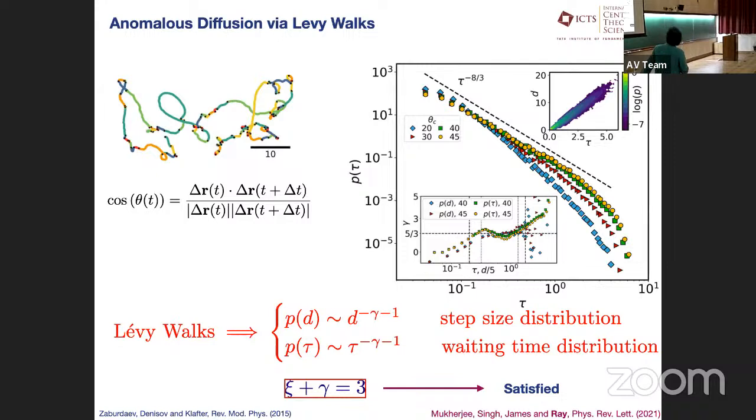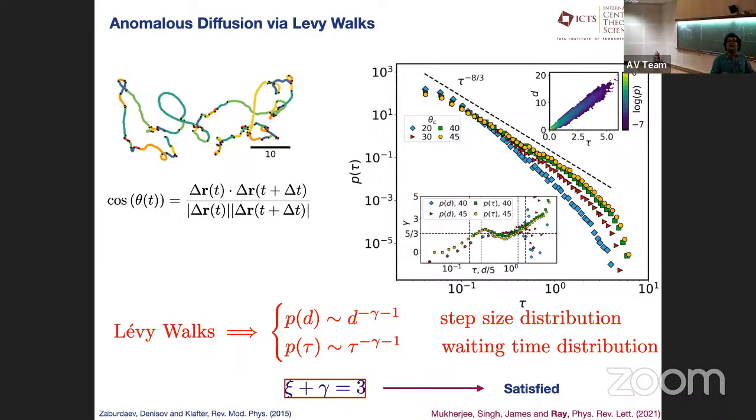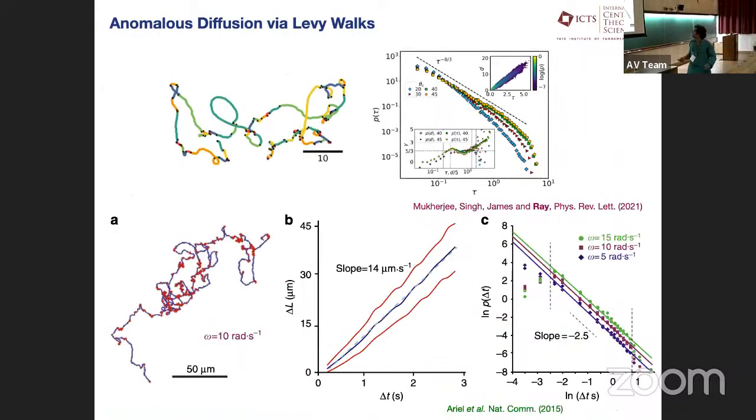You can do the full Levy statistics, which provides an independent bootstrap to know whether the exponent that you measure in your superdiffusive system is the right one. Let me not go through this. It's late in the day, and there's still one more talk left of Rajesh's. So in case you want to ask me later, we can discuss how you make the connections between Levy walks of bacteria and superdiffusion.